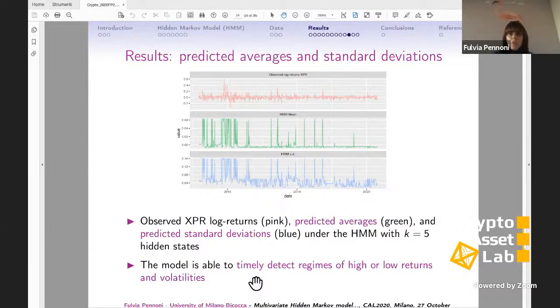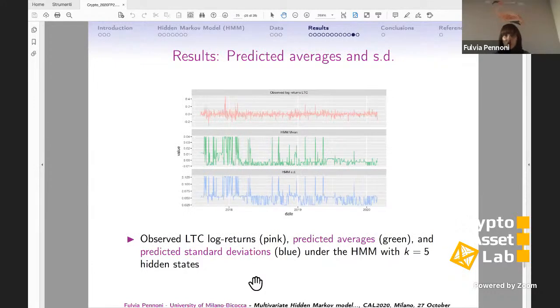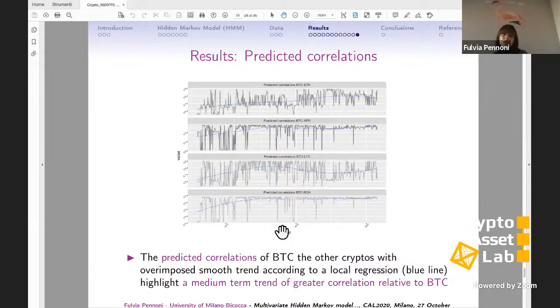I don't have a lot of time to go into details, for Litecoin for example, so I skip briefly to the predicted correlations. I also estimated the correlations of Bitcoin with the other 4 cryptocurrencies over time.